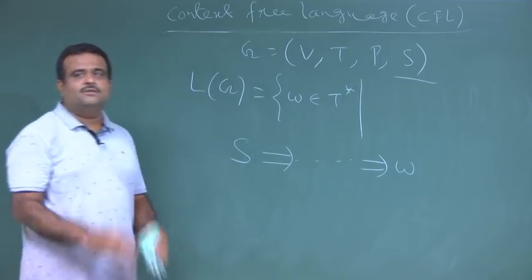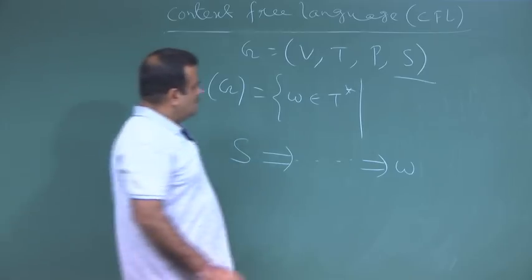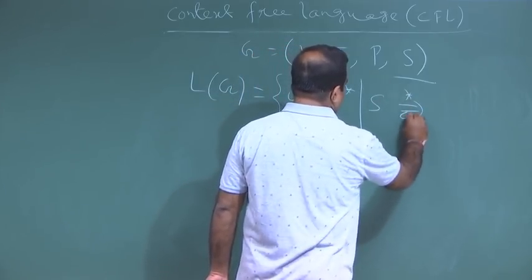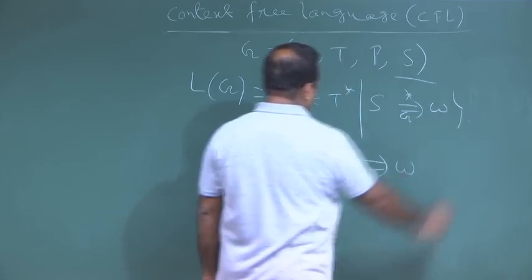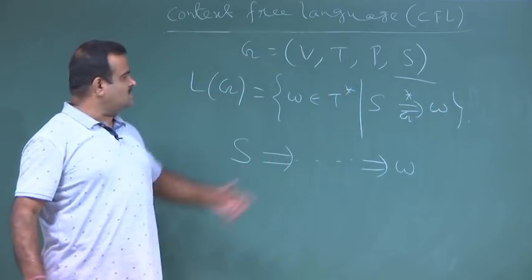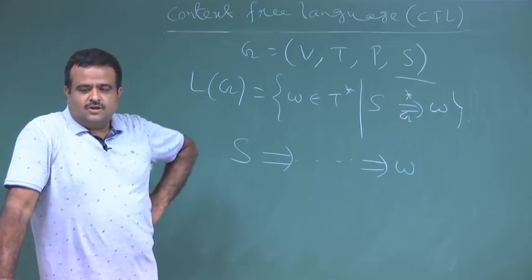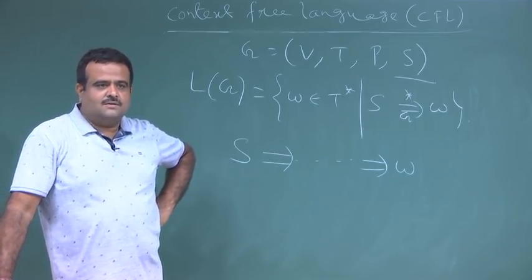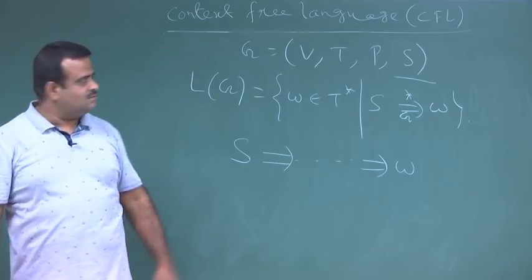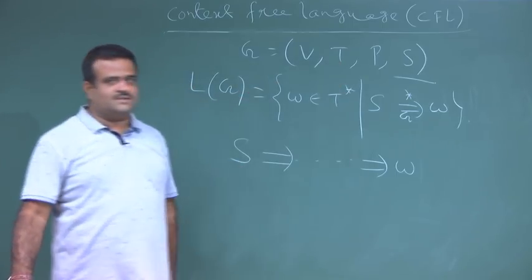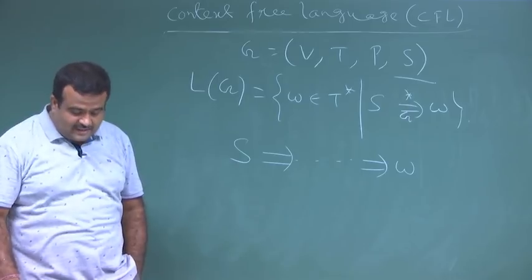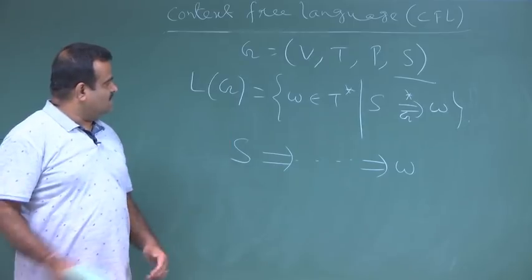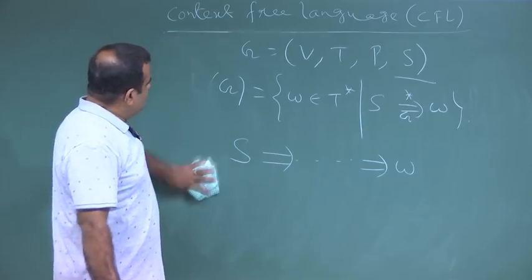W has no variables. All such strings, if we collect them, form a language, and this language is called the language generated by this grammar G.